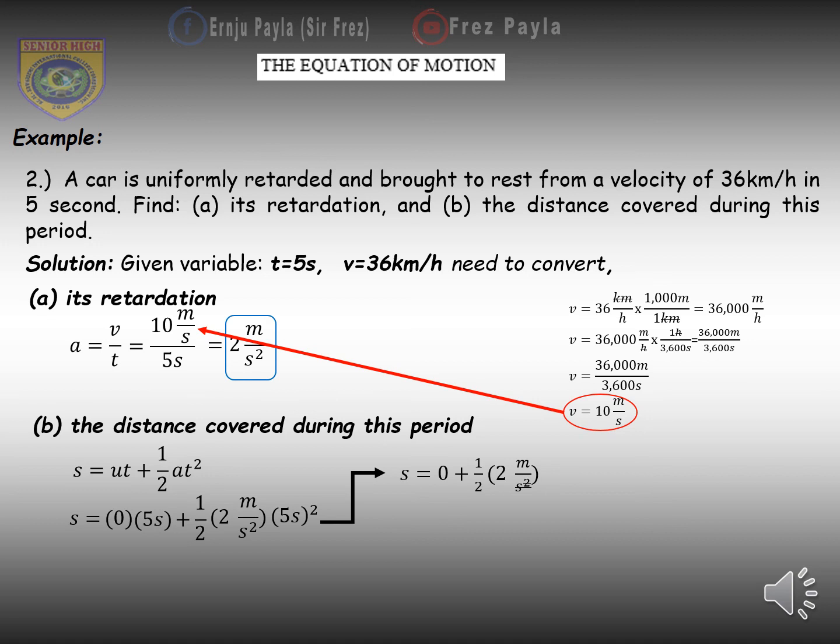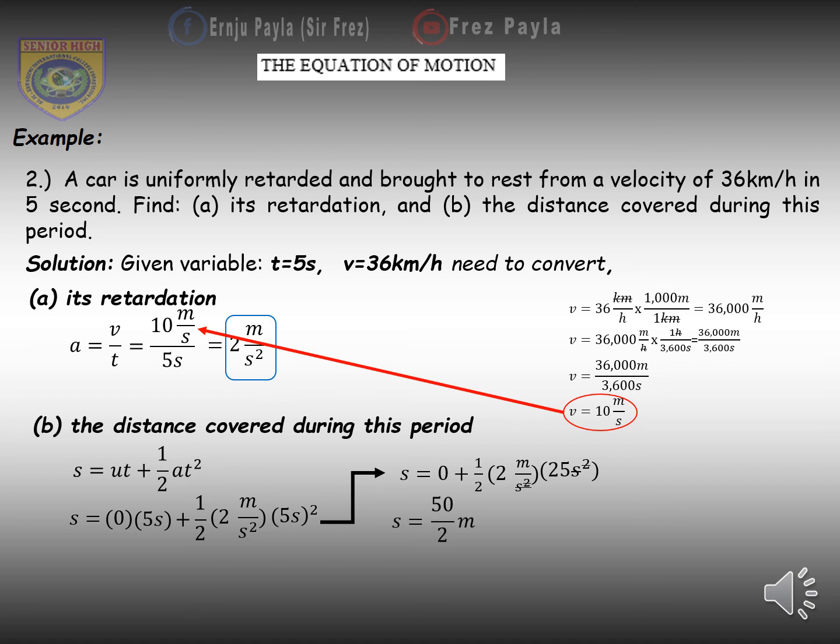So s is equal to 0 plus 1/2 times 2 meter per second squared times 25 seconds squared, because 5 times 5 equals 25. We cancel the second squared, so what remains is meter, because s is distance with the unit of meters.